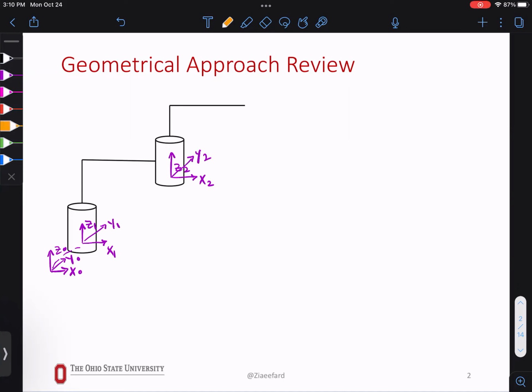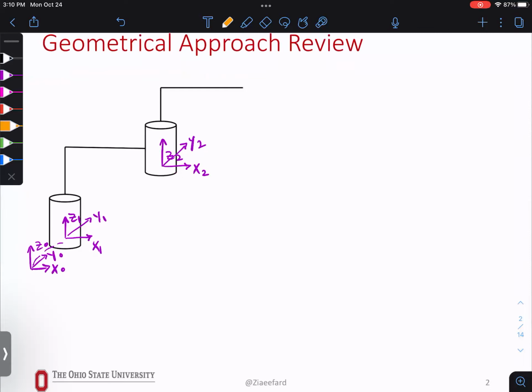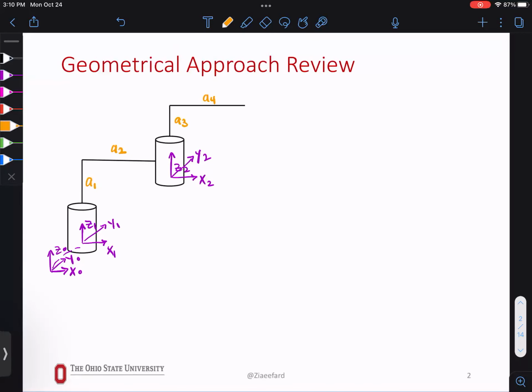And you see that in this example, you have links, but you don't have their distances, right? You don't know what the length of the link is. Just put a variable A1, B1, whatever you like. I'm going to say this is A1, this is A2, this is A3, A4, if I need them. All right, so I know that there will be some distance.